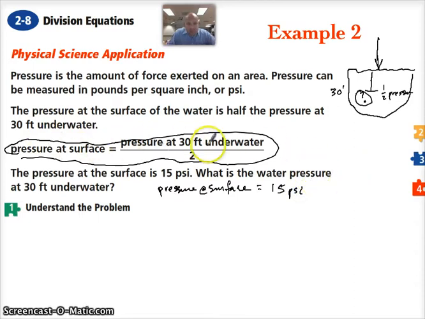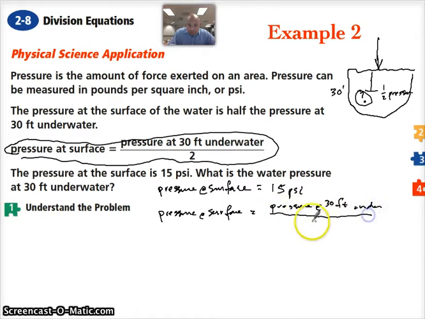Well, they give us this equation, so I'm going to write that down as well. Pressure at surface equals the pressure at 30 feet underwater over 2.